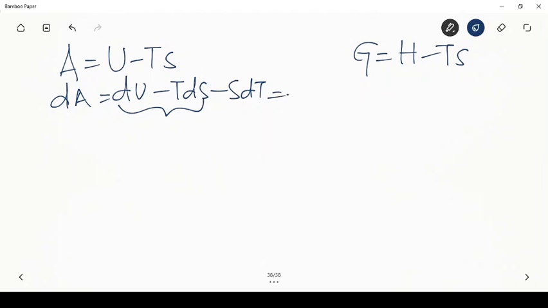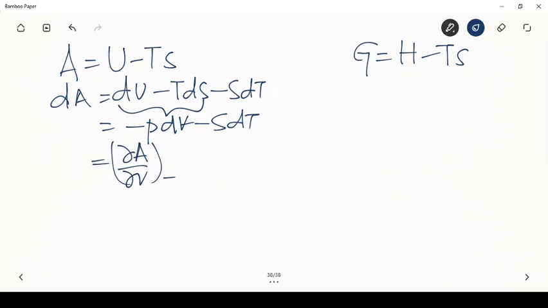So this is equal to minus P dV minus S dT, which is also equal to del A by del V at constant T into dV plus del A by del T at constant V into dT.